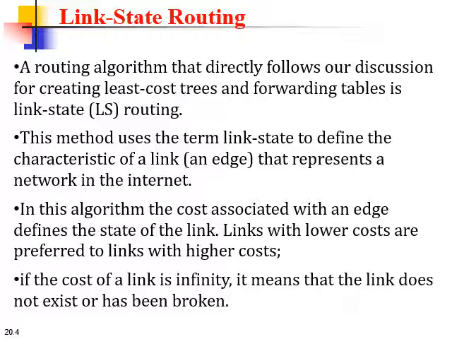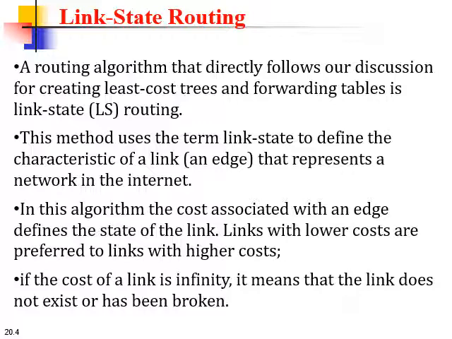This method uses the term link state to define the characteristic of a link or an edge that represents a network in the internet. In this algorithm, the cost associated with an edge defines the state of the link.